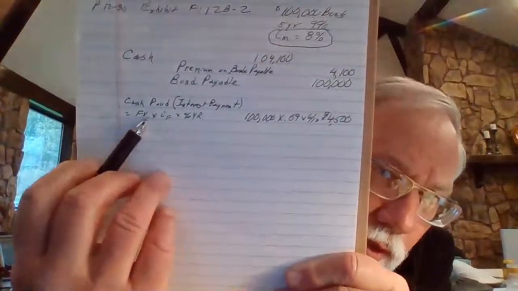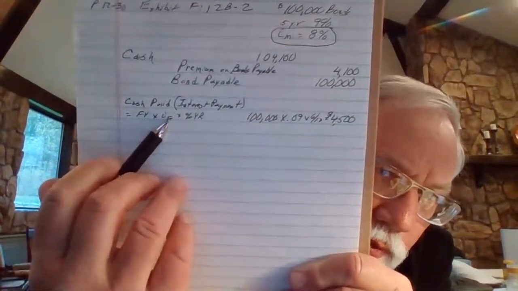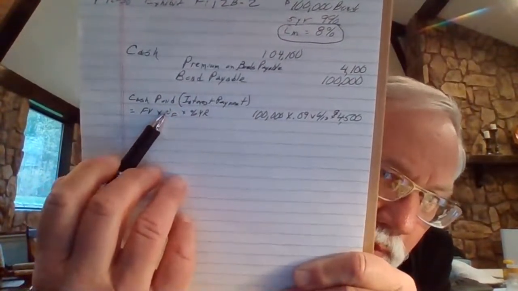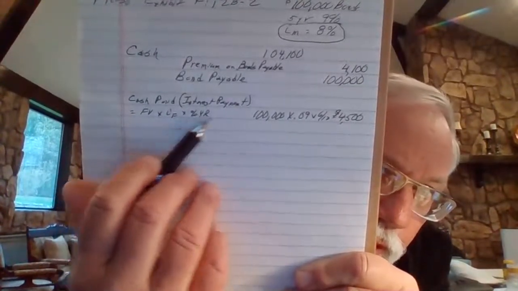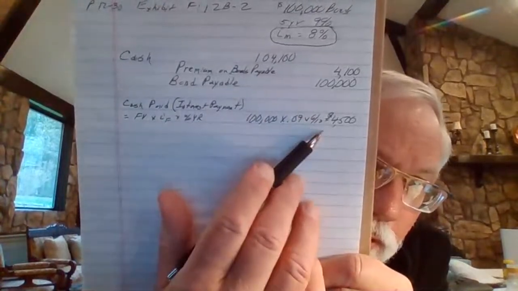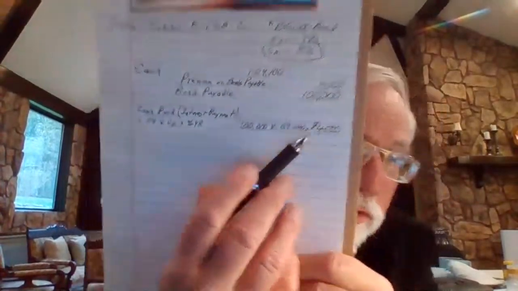Okay, did it a little bit different this time. I used the abbreviation: face value times the face rate of interest, subscript F, times the portion of the year. 100,000 times 9% times 6/12, $4,500. Same as it was with the discount.